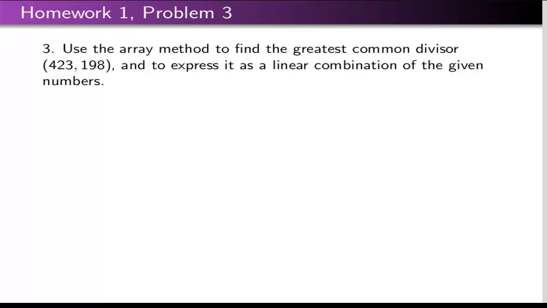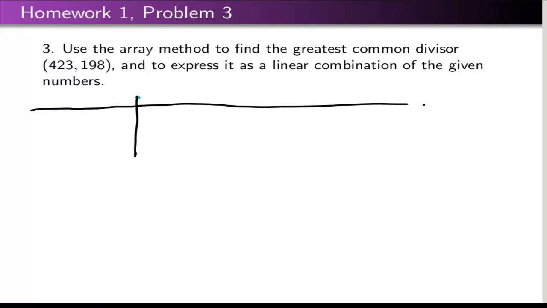Problem 3: use the array method to find the GCD of 423 and 198 and to express it as a linear combination of these two values. So the array method: I'll put 423x plus 198y.